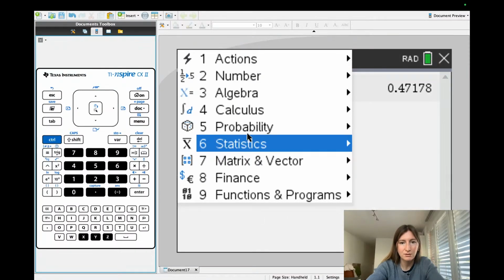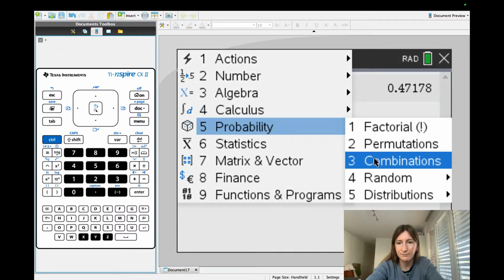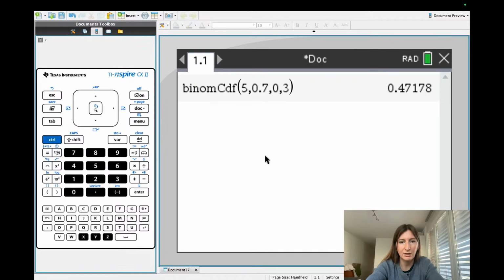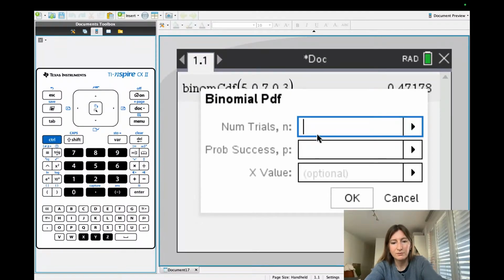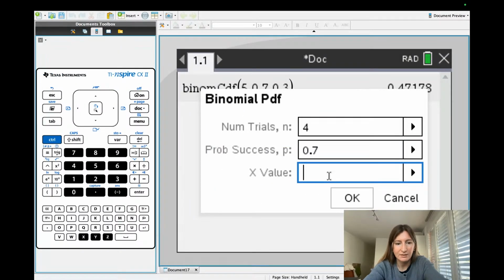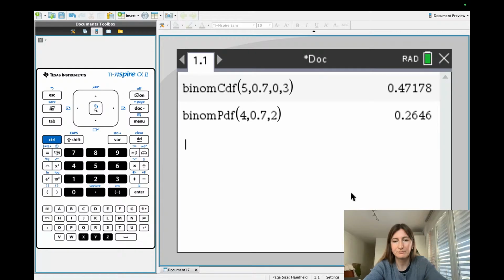So we want exactly 2, so PDF. Number of trials was 4. Probability of success, 0.7. And the X value we wanted, 2. There we go.